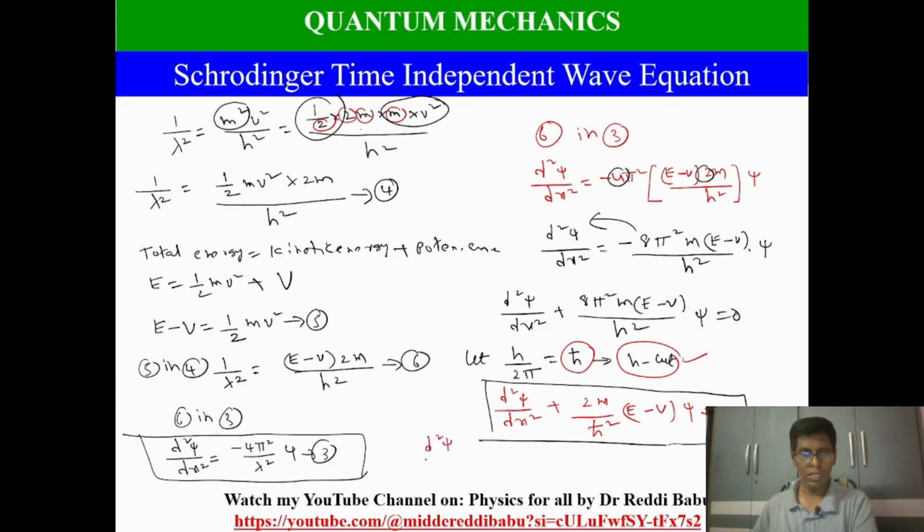Same expression, just modified: d square psi by dx square plus d square psi by dy square plus d square psi by dz square plus 2m divided by h cut square into E minus V into psi of x, y, z is equal to 0. This is the Schrodinger time independent wave equation in 3 dimensions.